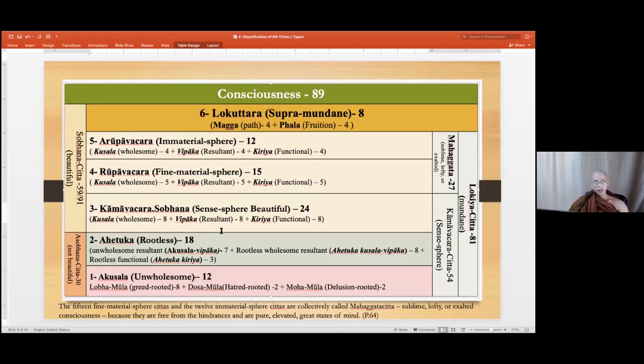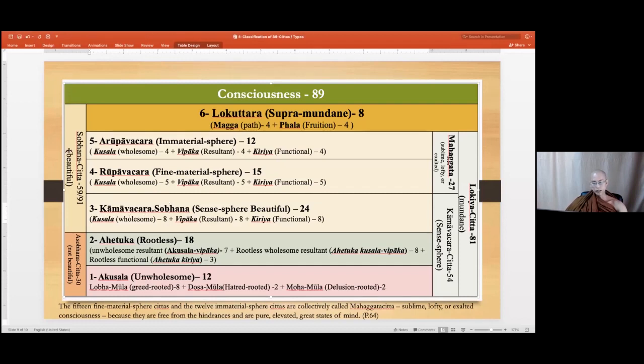Okay, so another classification, number 3 classification of consciousness, is the Kama Vachara Sobhana. Kama Vachara, I already mentioned, is the consciousness that usually and frequently arises in the sense-sphere plane of existence. The new word Sobhana is introduced here. Sobhana is beautiful.